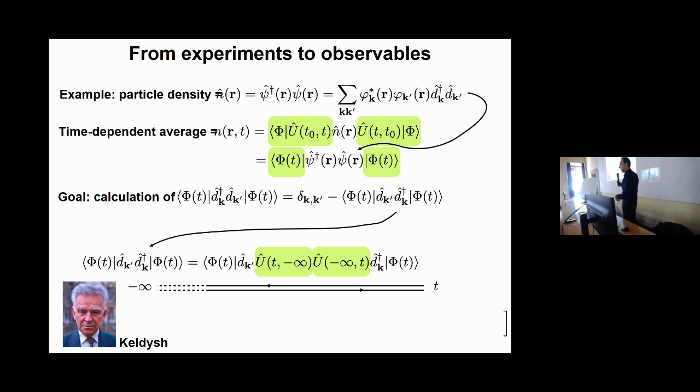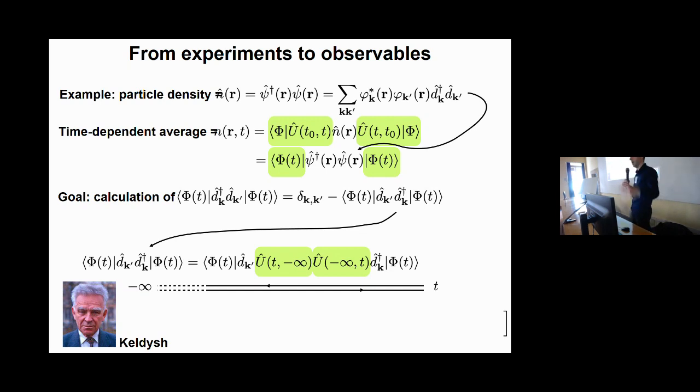This idea is actually very old, but this going back and forth is something that led to a fundamental concept called the contour. I wouldn't say it was initially introduced by Keldysh, but today it is known as the Keldysh contour. This is something you don't need to know.